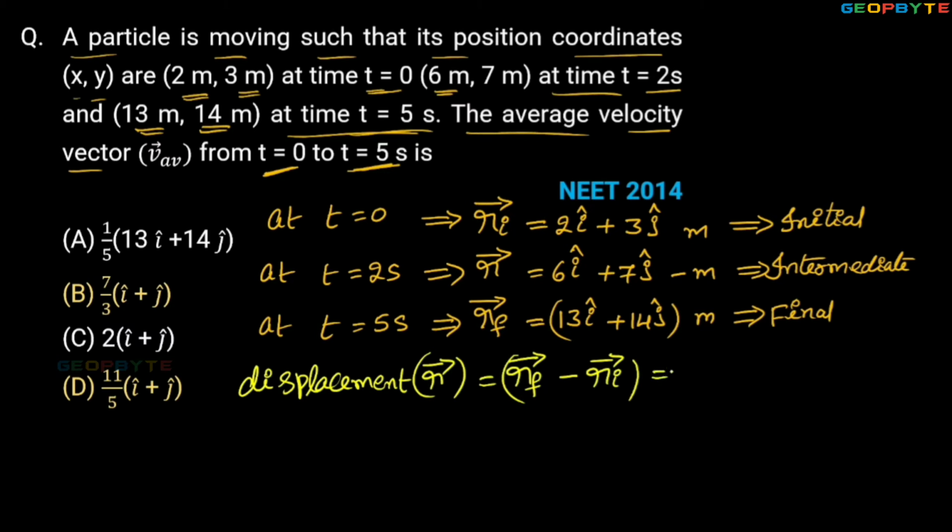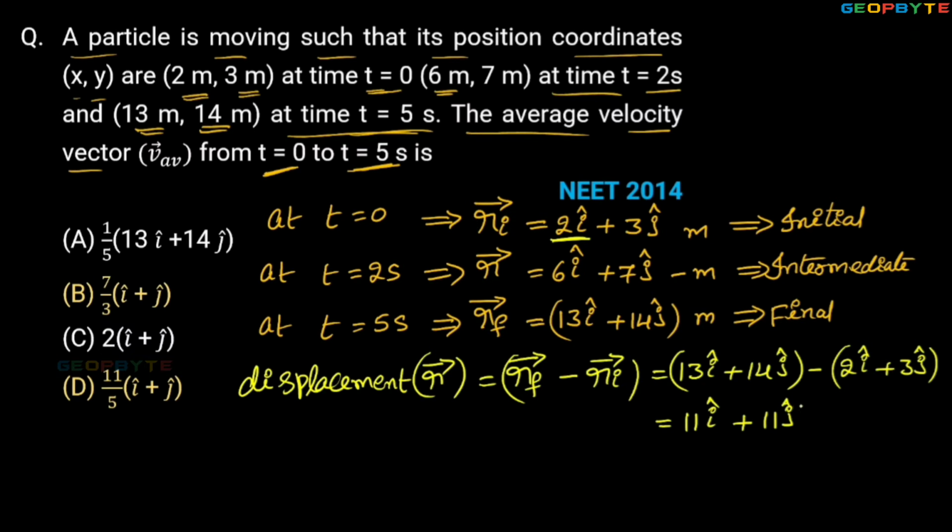It is equal to 13 i cap plus 14 j cap minus 2 i cap plus 3 j cap. It is equal to 13 minus 2, 11 i cap plus 11 j cap.